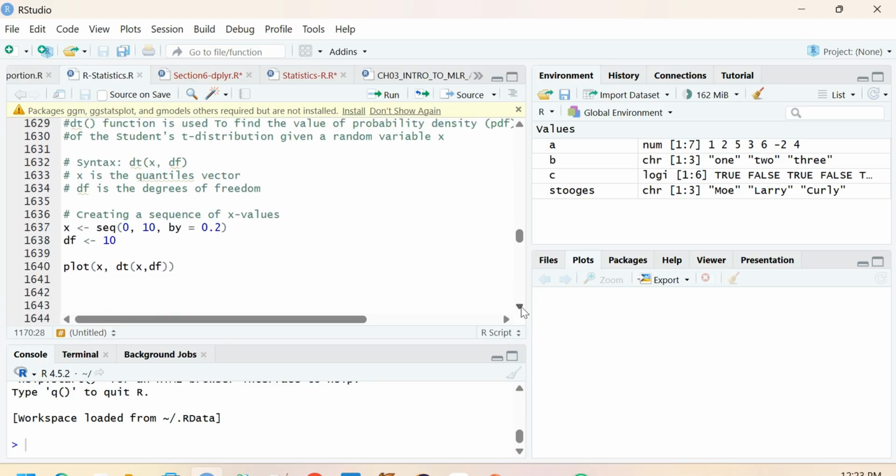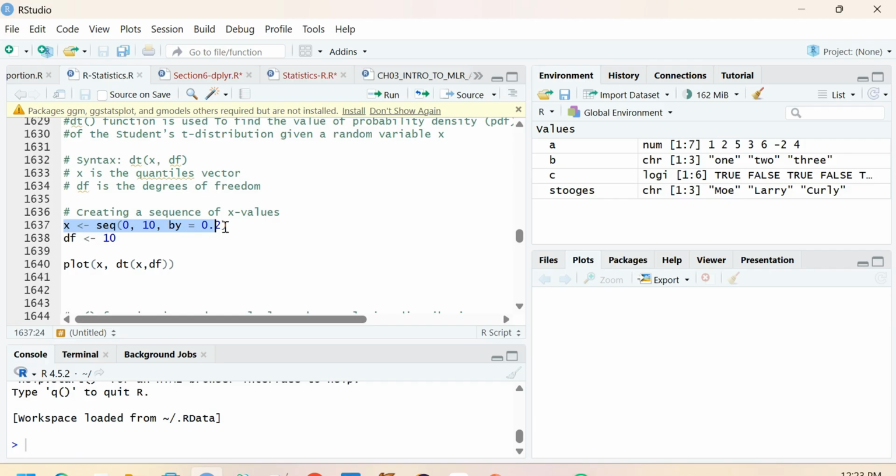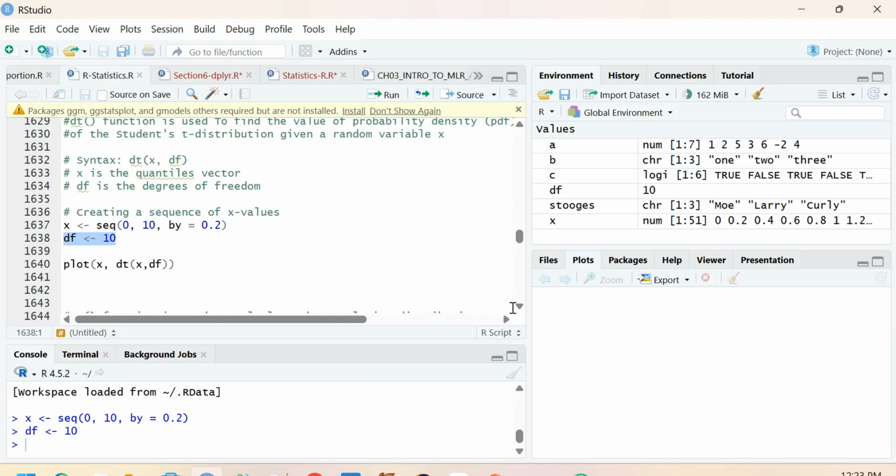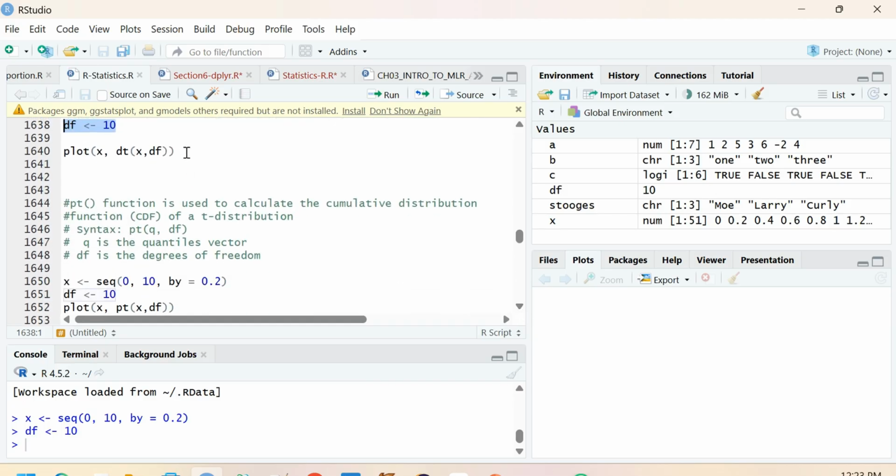First, we create a vector of values from 0 to 10 with step 0.2. Then we set the degrees of freedom to 10. Then we use dt to calculate the probability density for each value of this vector with the degrees of freedom.